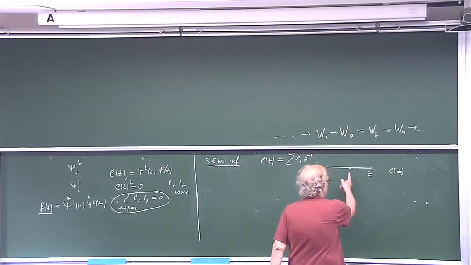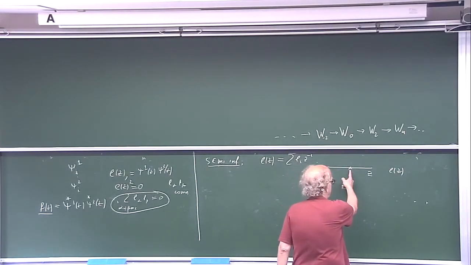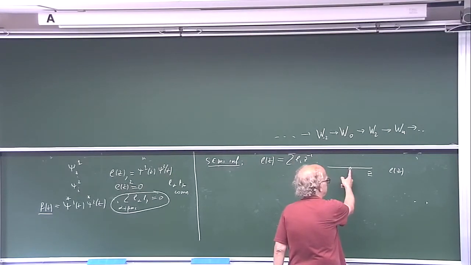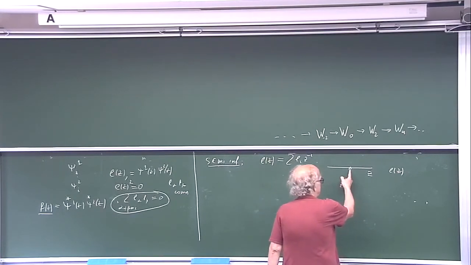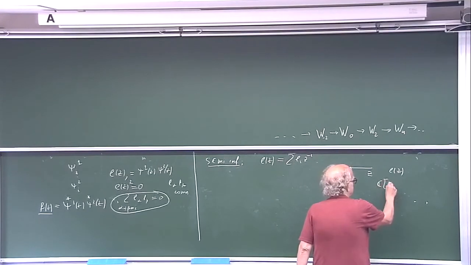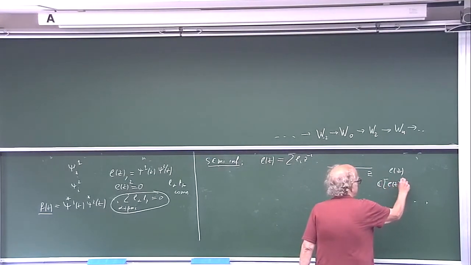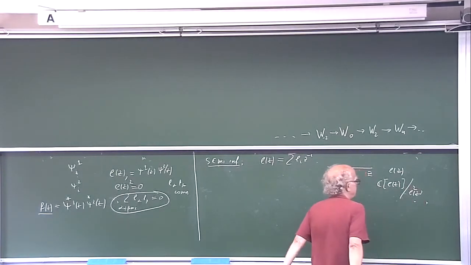We can put at a point z some more complicated algebra. So in this case, at a point z is sitting this: E_z factorized by E_z squared.